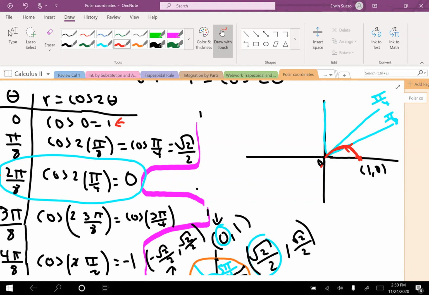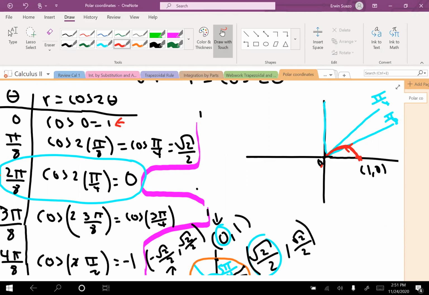So the next one is 3 pi over 8. Let me see. 3 pi over 8 is the cosine of 3 pi over 4. Oh, okay, yes.